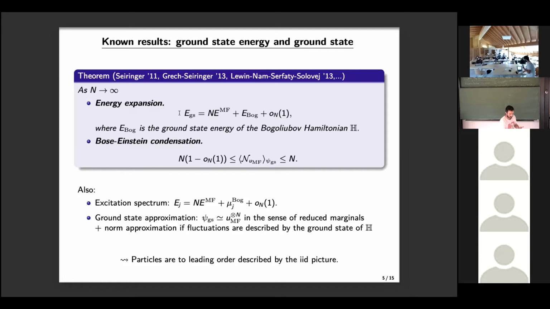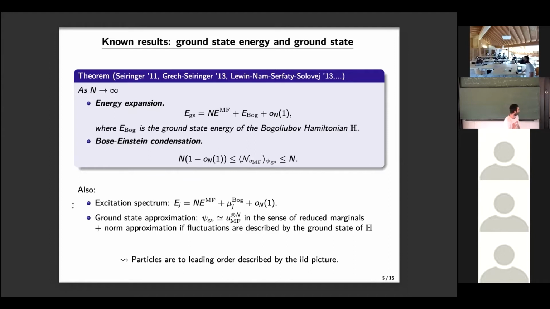The n-body ground state energy is given by n times the minimum of the Hartree functional to the leading order, plus the minimal energy of the Bogoliubov Hamiltonian. So there is this splitting. Another known fact is that the ground state exhibits Bose-Einstein condensation onto the Hartree minimizer, so approximately n particles occupy the Hartree minimizer.